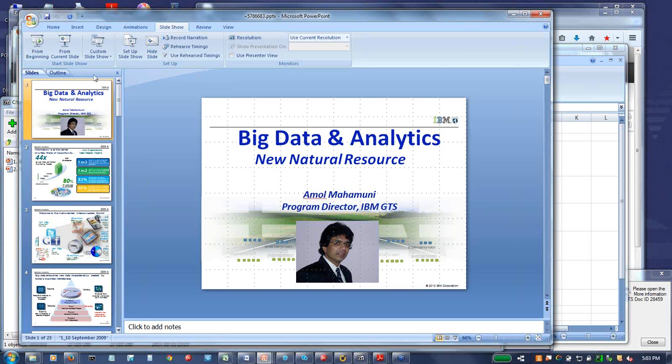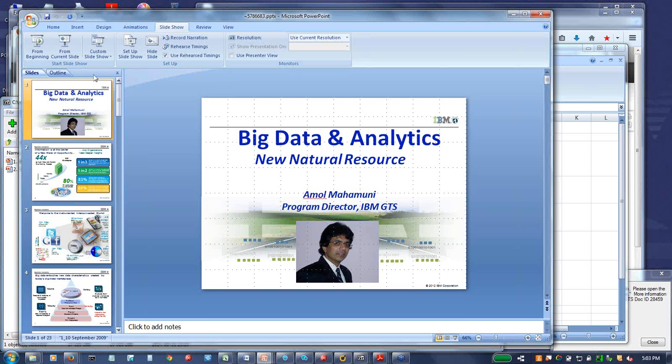In his current role, Amol leads big data and automation as part of competency management at IBM GTS. Earlier, he was responsible for IBM Pure Application Systems product management and business development.